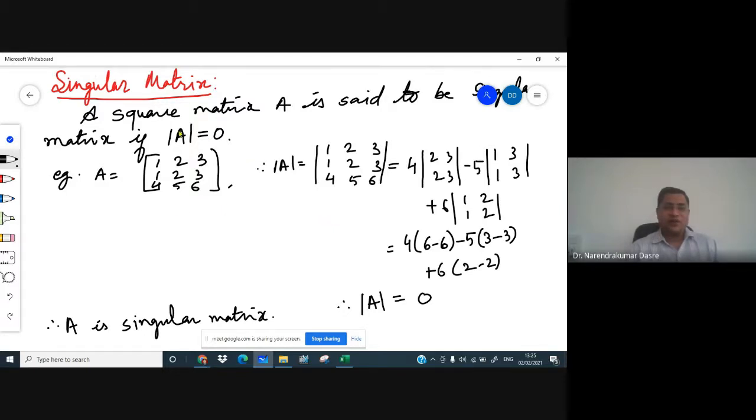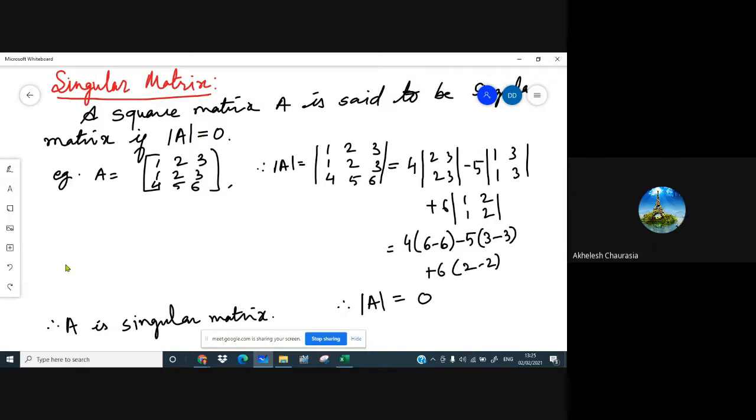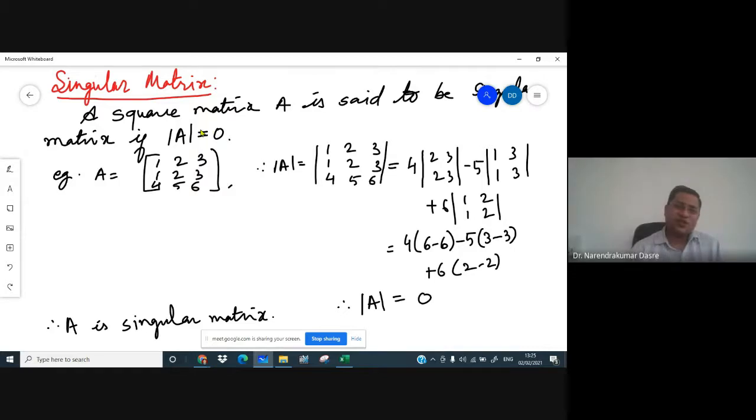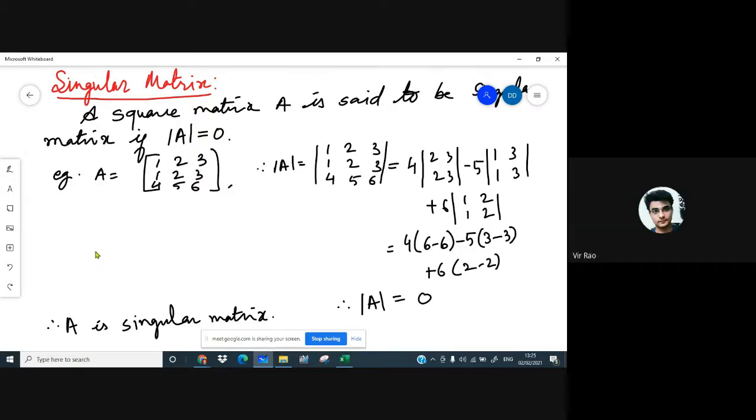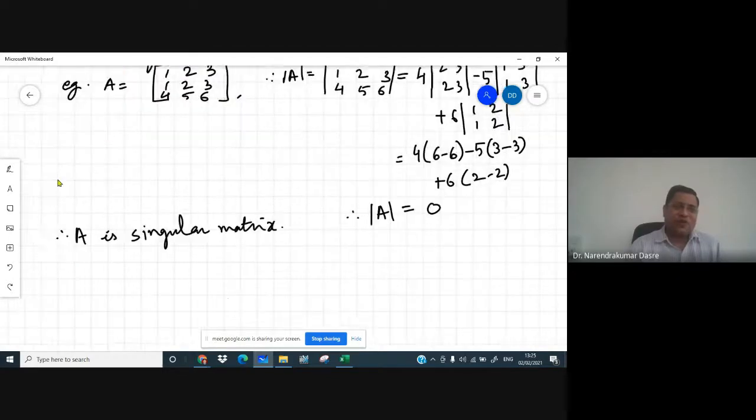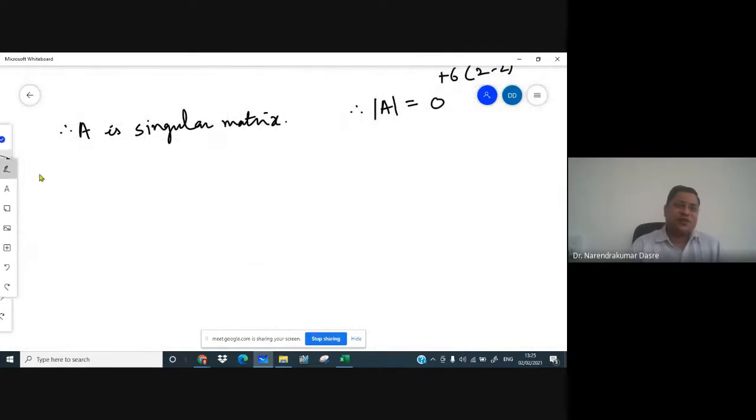What will happen if I don't have this equal to 0? It will not be a singular matrix. We call it a non-singular matrix.